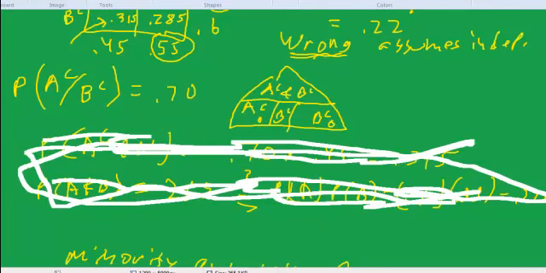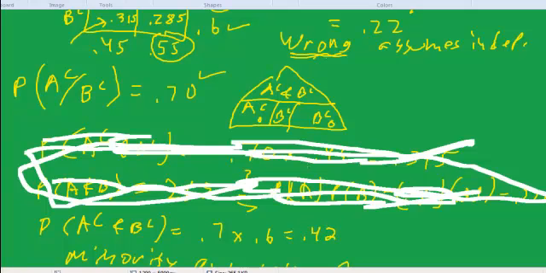So let's do this right. Okay, so we have probability of AC and BC is equal to this times this. The probability of AC given BC times the probability of BC equals 0.7 times 0.6 equals 0.42.